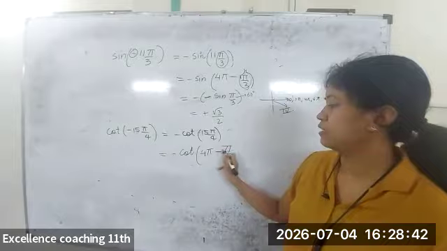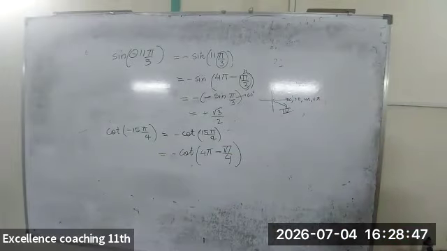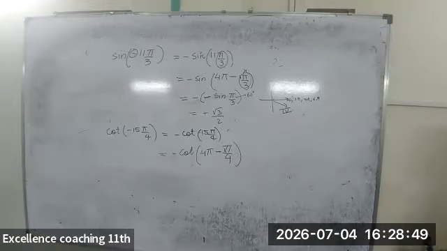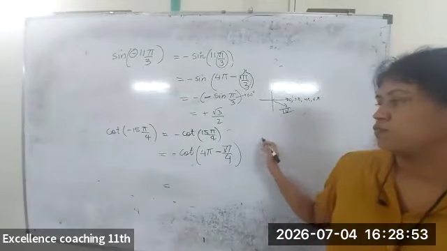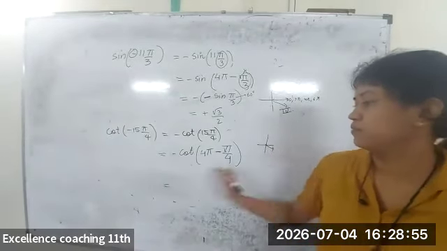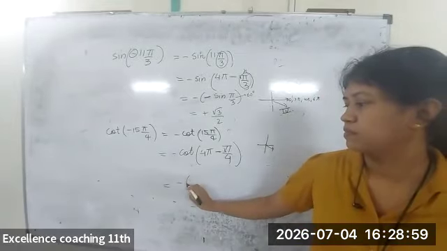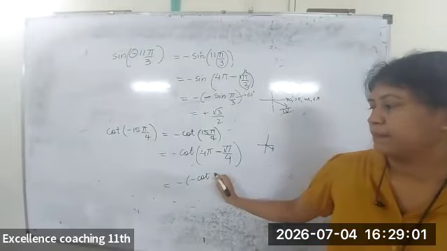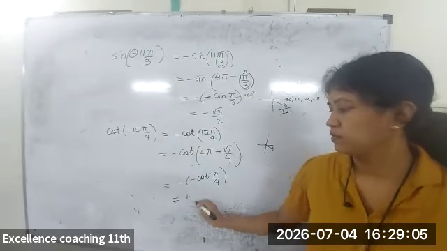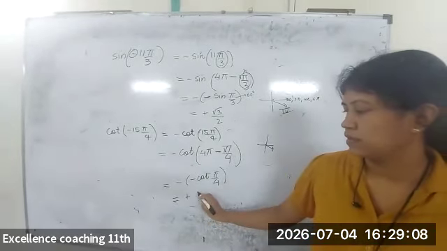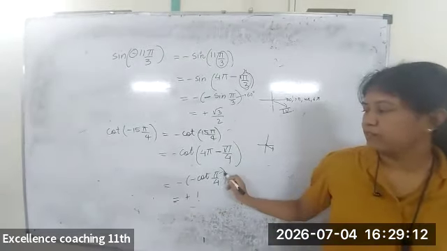Four fours are 16 minus 1. Again, fourth quadrant. Minus into minus will be plus and 45.